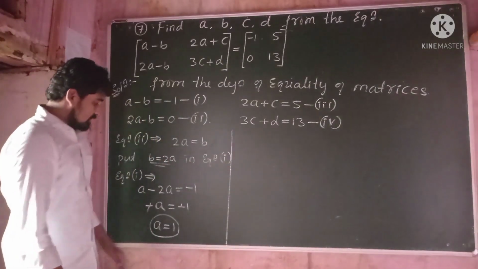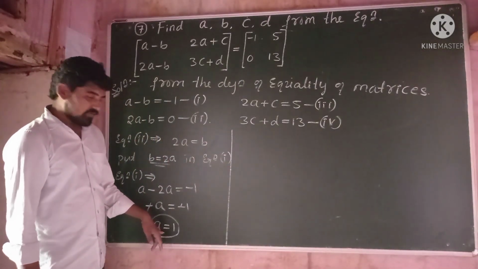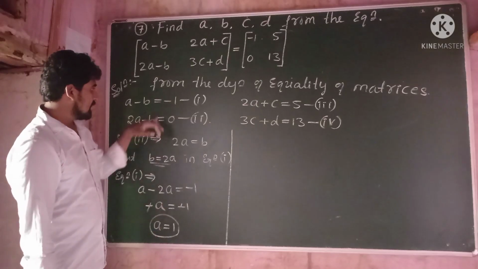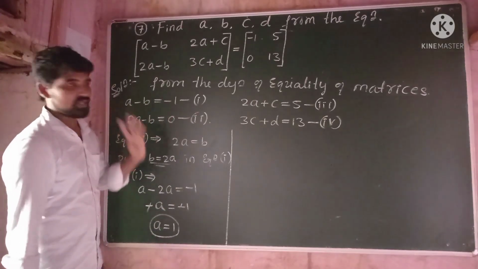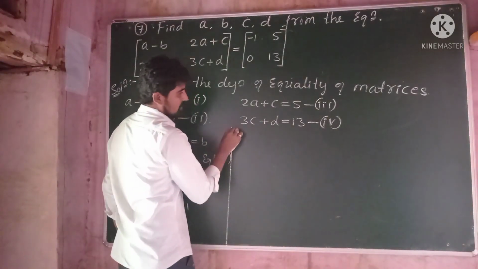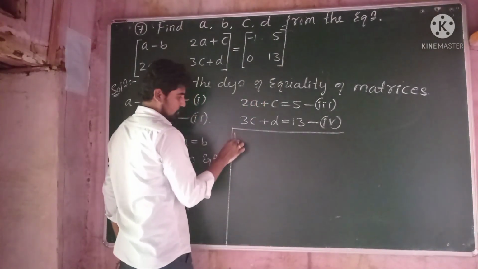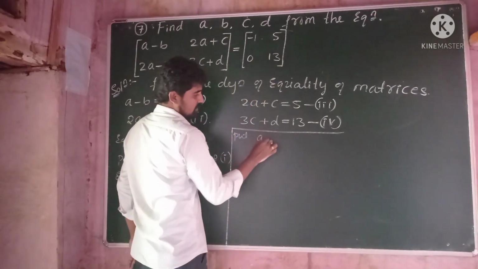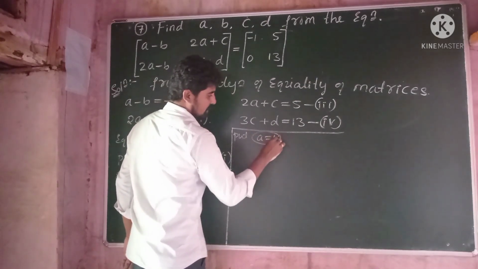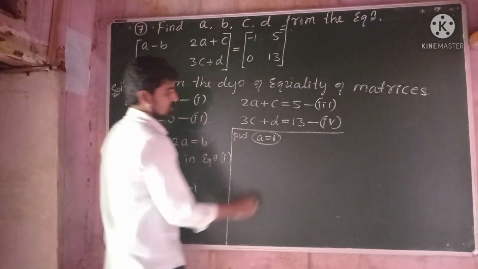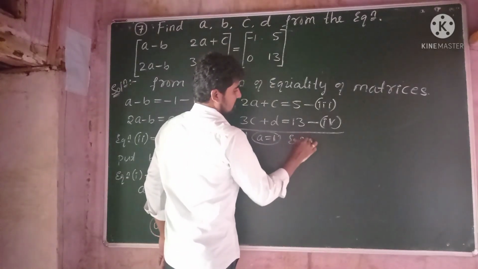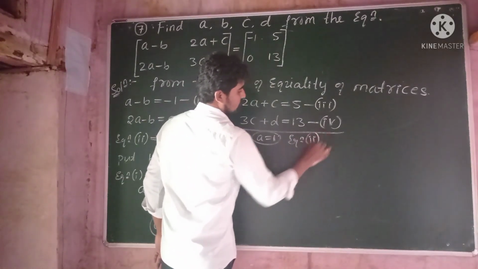Now, substitute this value of A equal to 1 either in equation 1 or in equation 2. Directly we get the value of B. What is the next step? Put A equal to 1 in equation 2.